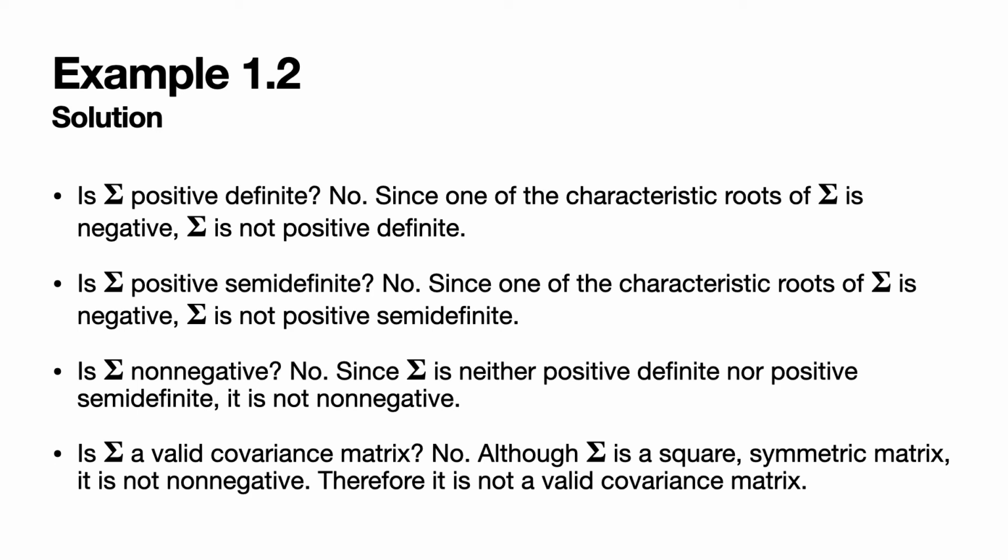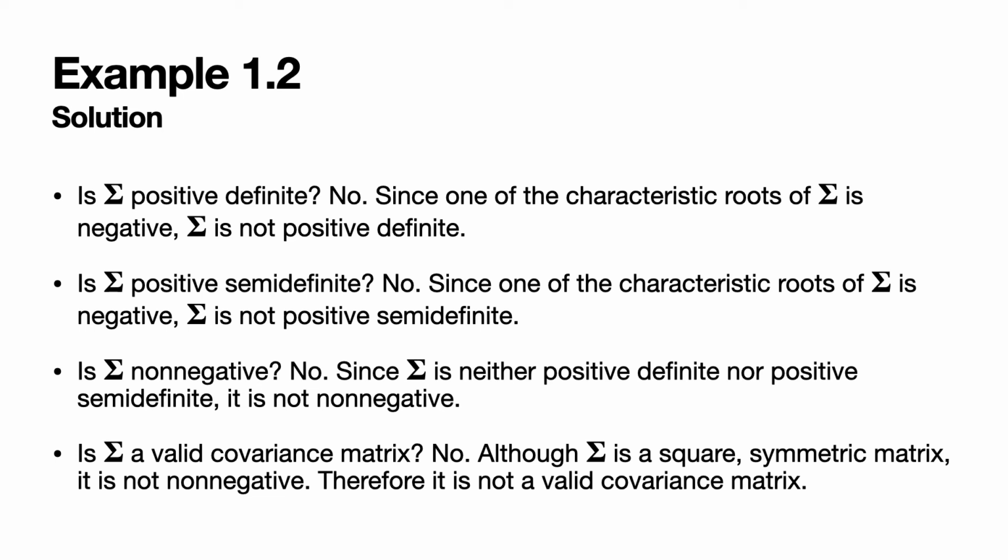Again, the answer is no. Since one of the characteristic roots of cap sigma is negative, cap sigma is not positive semi-definite. All right then, is cap sigma non-negative? Again, the answer is no. Because cap sigma is neither positive definite nor positive semi-definite, cap sigma is not a non-negative matrix.